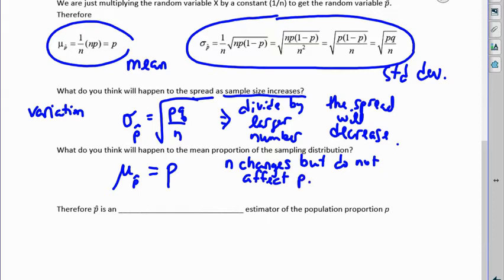So the mean is not going to be affected by changes in your sample size. Therefore, p hat is going to be our best unbiased estimator of the population proportion p. So if we don't know the population value, we will use p hat.